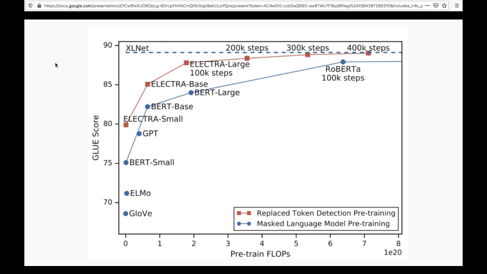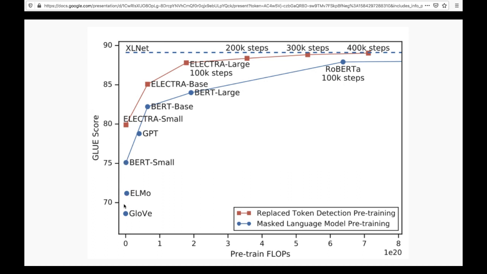But with this ELECTRA architecture, you can definitely do that, because you can train your own language model on a single GPU for a couple of days. They say with 2 days or a few hours, you can have a very decent result.